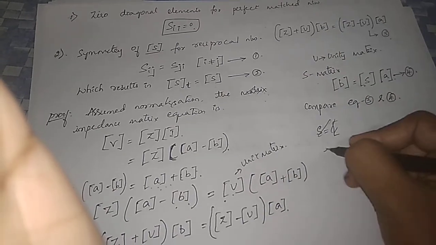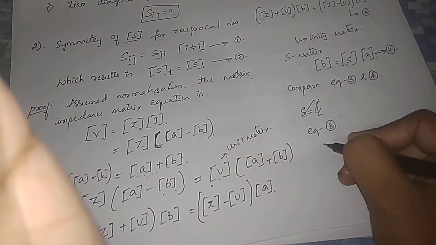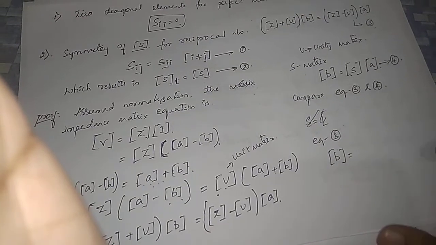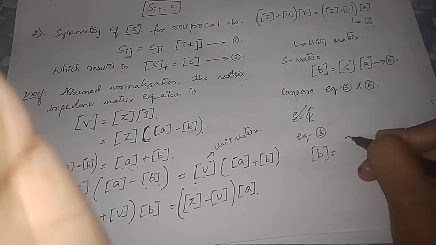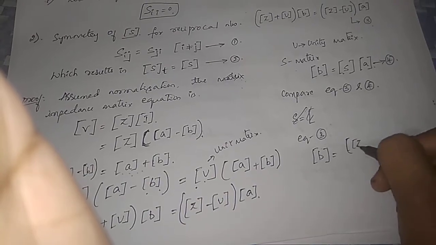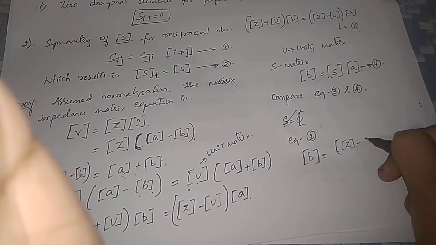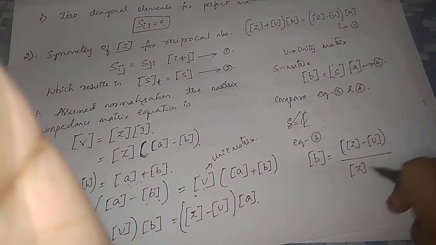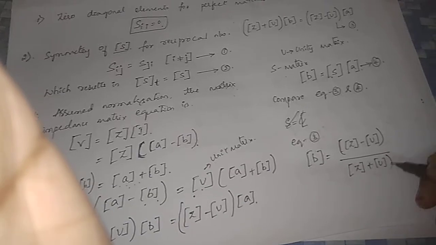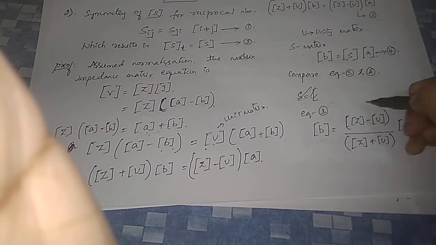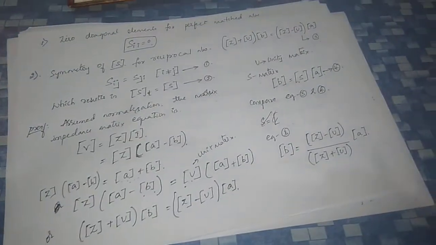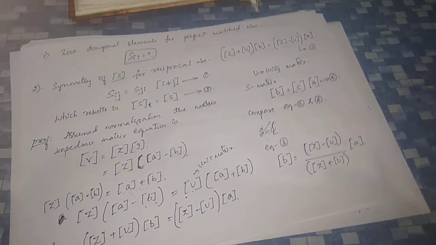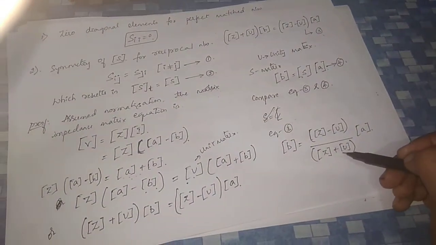Equation 3 can be written as matrix B is equal to Z minus U divided by Z plus U, into matrix A. Now it is very easy to compare equation 3 and equation 4.